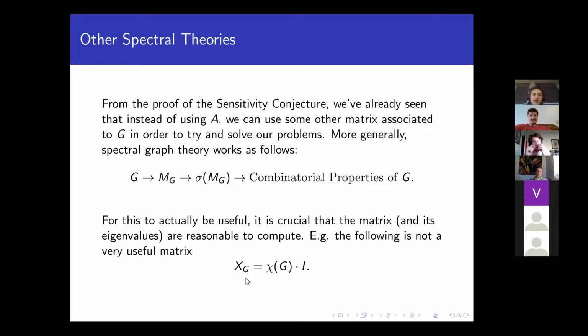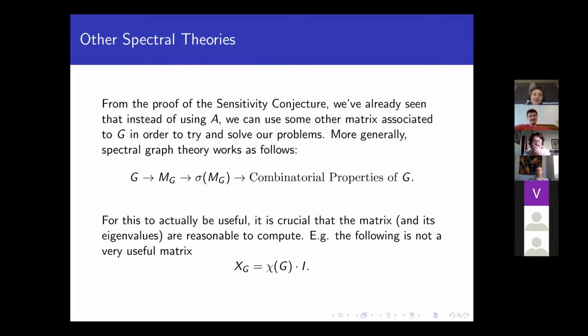For example, we could define the matrix X_G to be the chromatic number of the graph G times the identity matrix. And if you give me the spectrum of this matrix, I can tell you exactly what the chromatic number of G is, because it's literally just that eigenvalue. So this step is great.